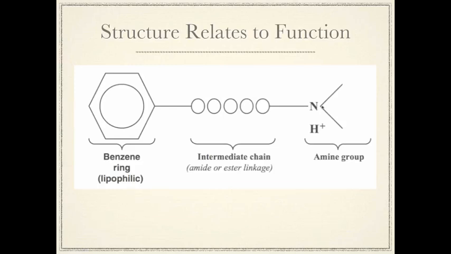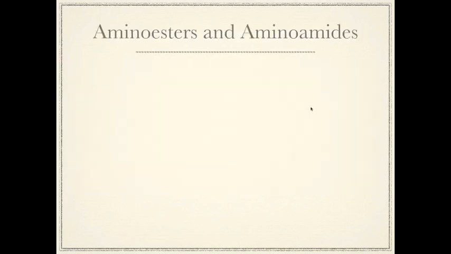This tertiary amine is capable of accepting a proton, although weakly. And the amine doesn't always look this simple. There can be additional alkyl groups on there, which may help to make the local anesthetic even more lipid soluble, so it can more readily dissolve through the lipid bilayer.